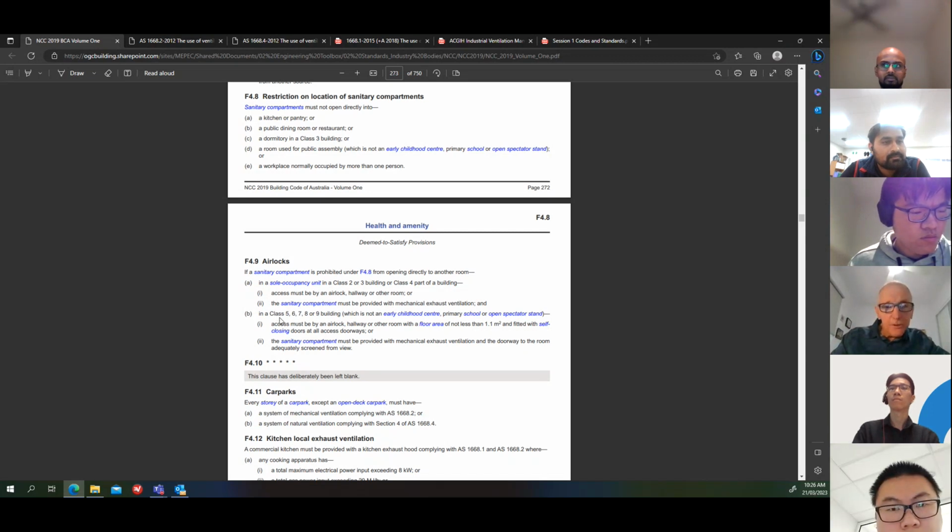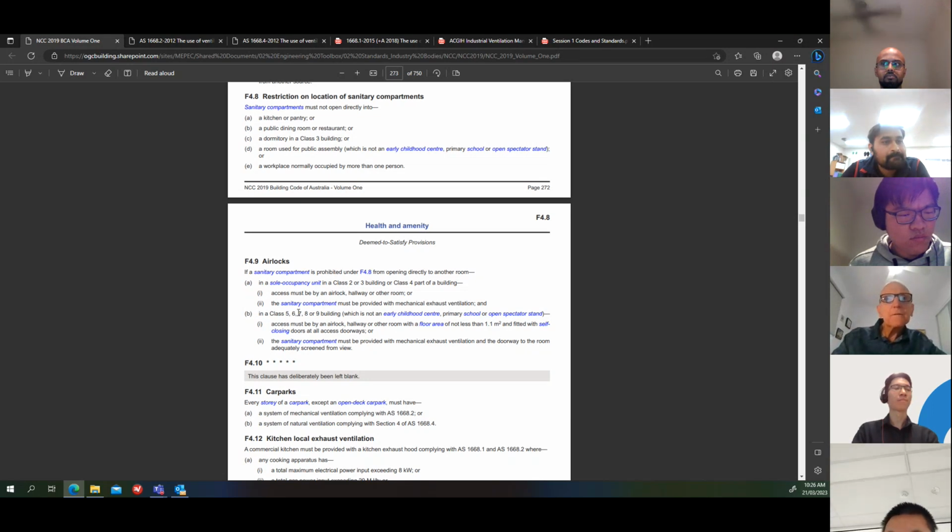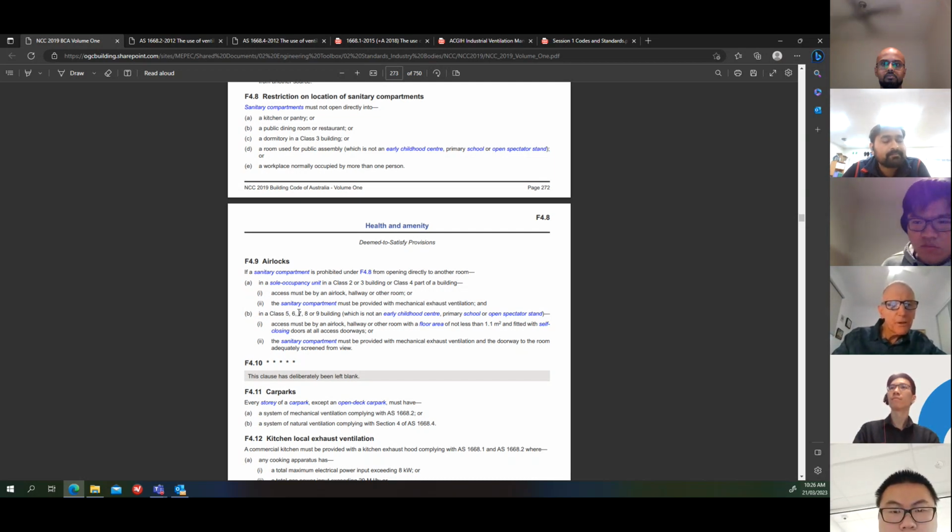Again, you have to use a bit of judgment as well, I think, to decide whether that's really a feasible way to do it. If they intend to open windows when they're having functions, then yes. I think you'd need to talk to the client and be sure of how they're going to operate the place.